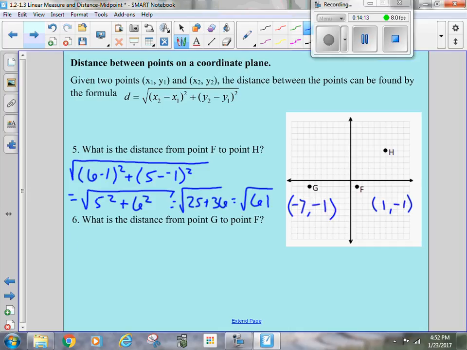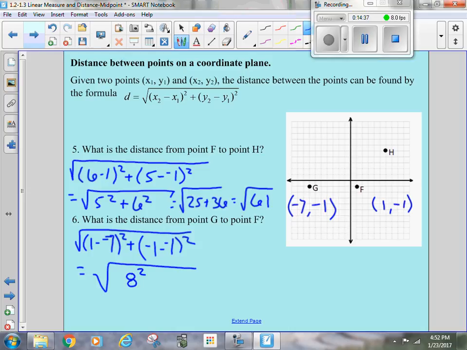So we have our square root of 1 minus -7 squared plus -1 minus our -1 squared. That gives us square root of 1 minus a -7 is 8 squared, and -1 minus a -1 is 0 squared.